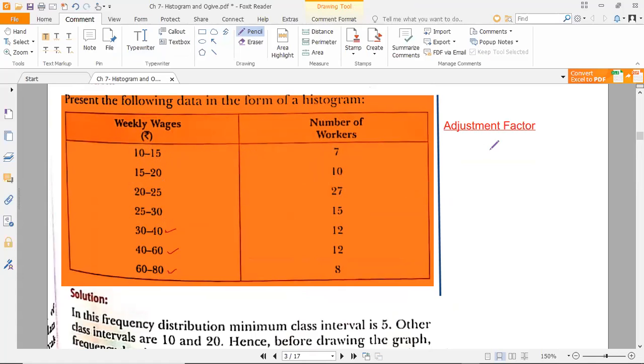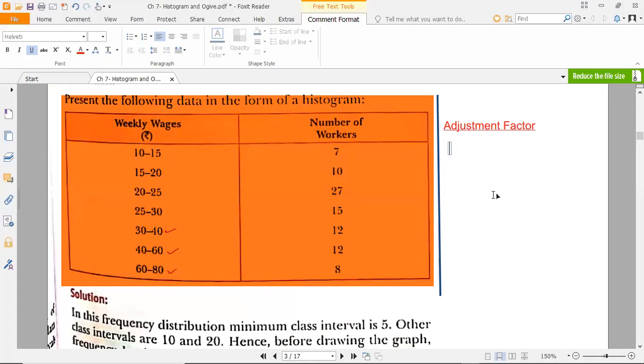For 10 to 15, the adjustment factor is going to be 5 divided by 5, that turns out to be 1. In the second case, it is again 1. In the third case, again 1, and so on. But in this case, what is it going to be?